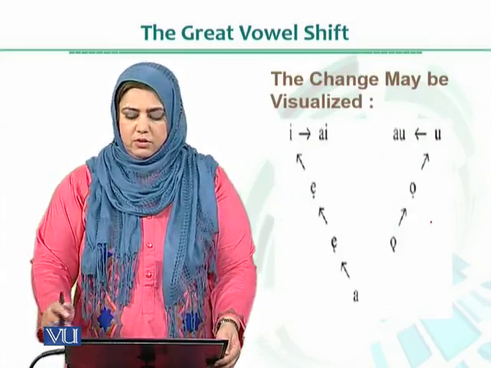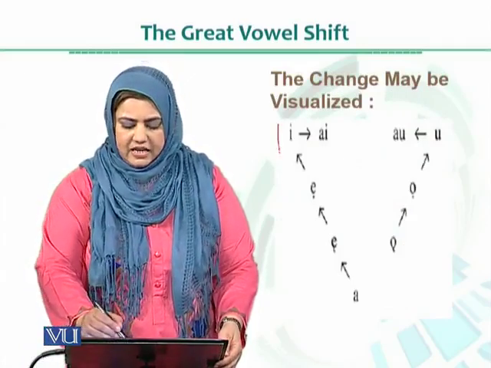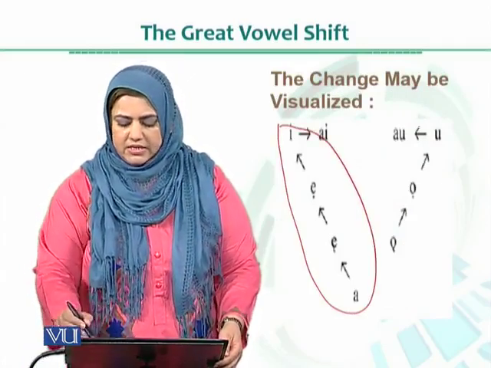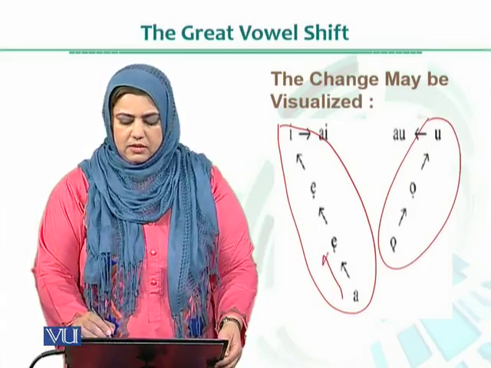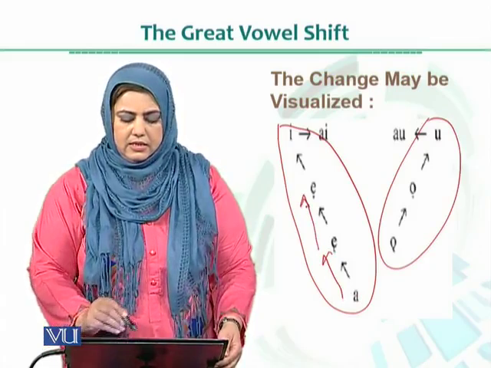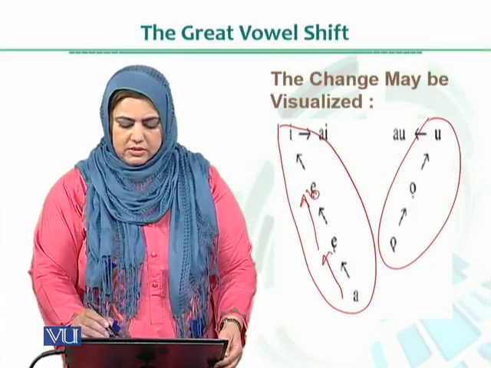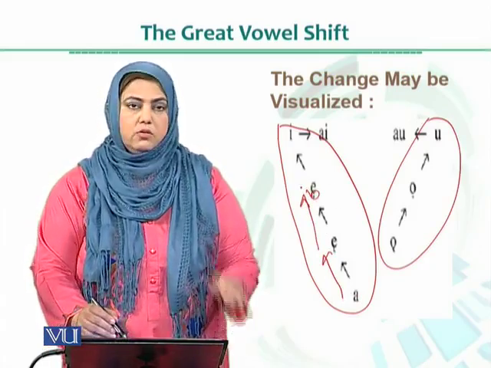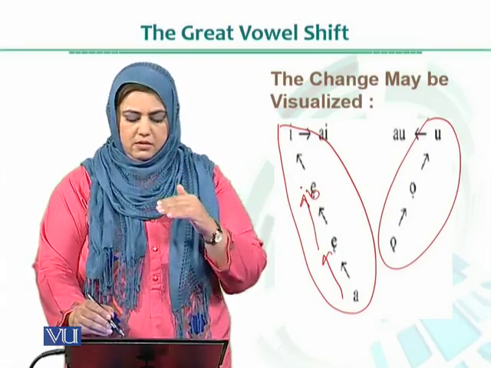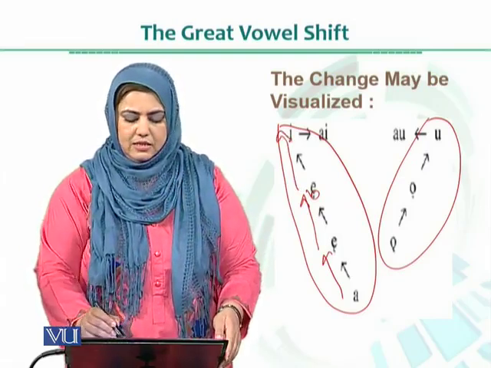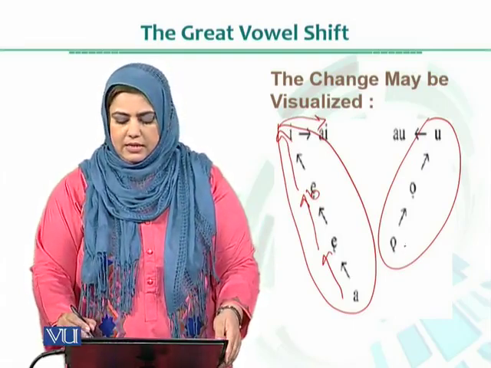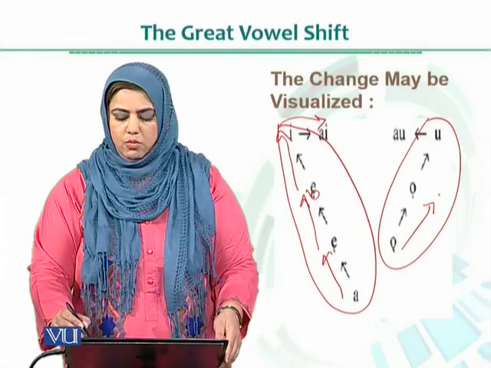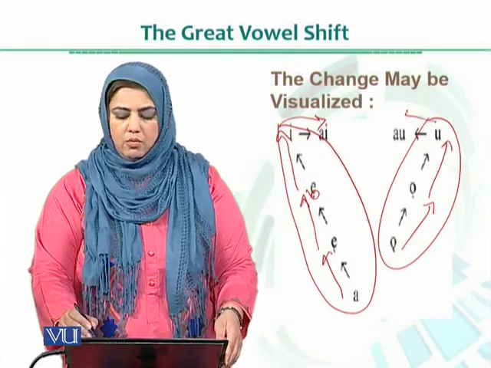I would point this out as a diagram or chart where you can visualize what was happening. You can notice this 'e' taking its form and shape, and then becoming a diphthong 'i'. Here, 'o' becoming 'ow'.